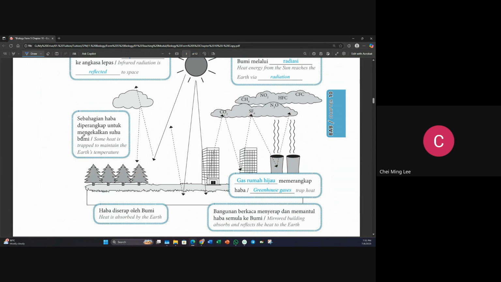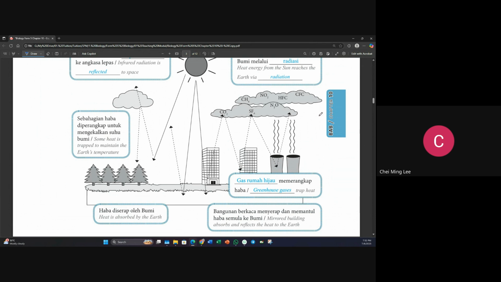Okay, so some heat will be trapped to maintain the earth's temperature, but some of it will be radiated out and trapped by the greenhouse gases. And for the infrared radiation, some of it after heating will be reflected back to space, but only a very small amount. Why? Because we have too much greenhouse gases, so they will trap the heat.